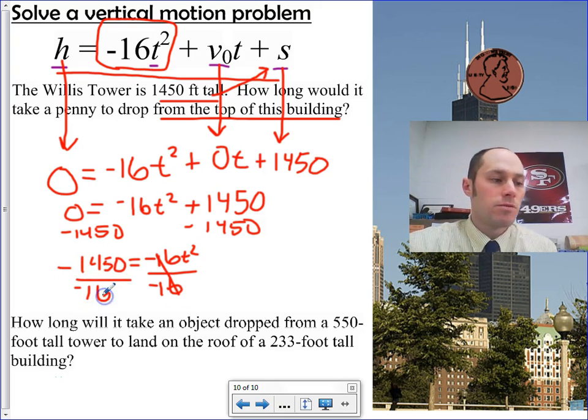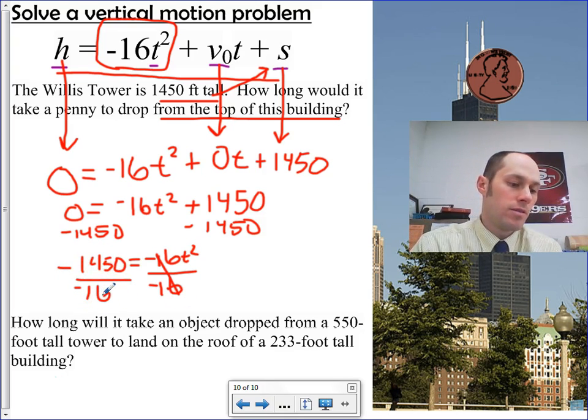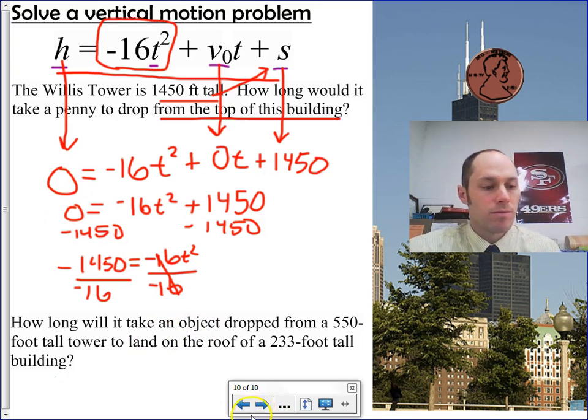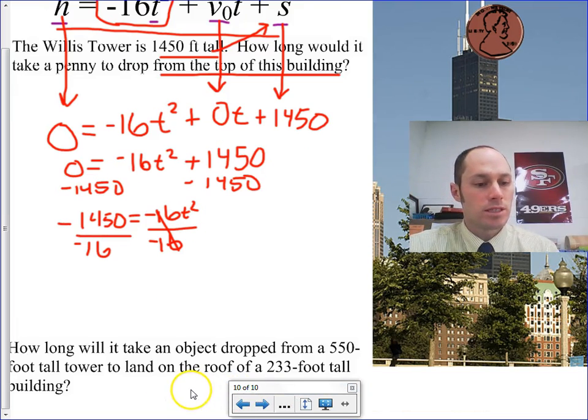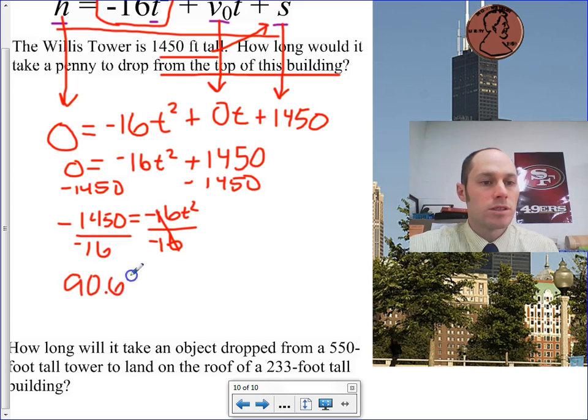And negative 1450 divided by negative 16 gives me 90.625. So if I have 90.625 equals t², I'll take the square root, and that'll give me t.